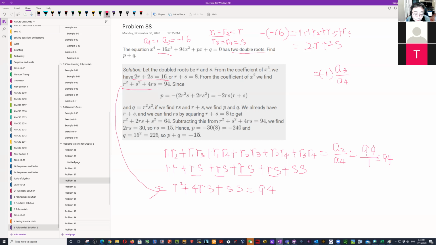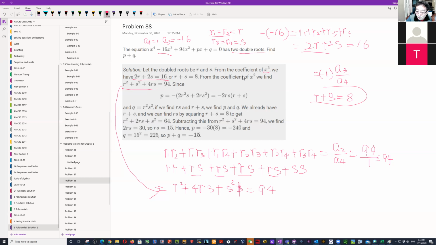So from the coefficient of x squared, we got the sum, because it's a double root. With the double root, we get that 2r plus 2s equals 16, so r plus s is going to be 8. And then r squared plus 4rs plus s squared equals 94.